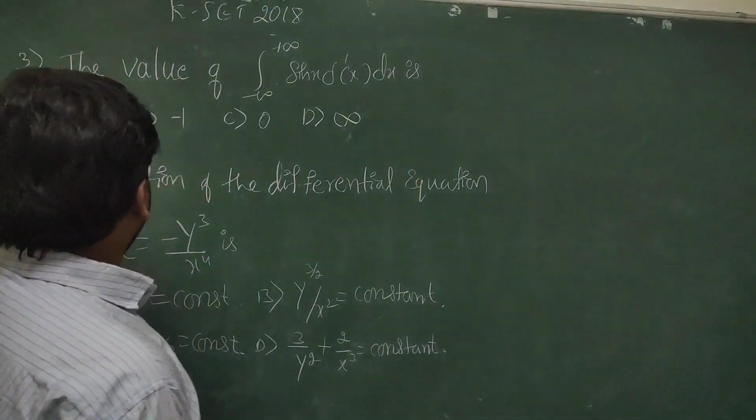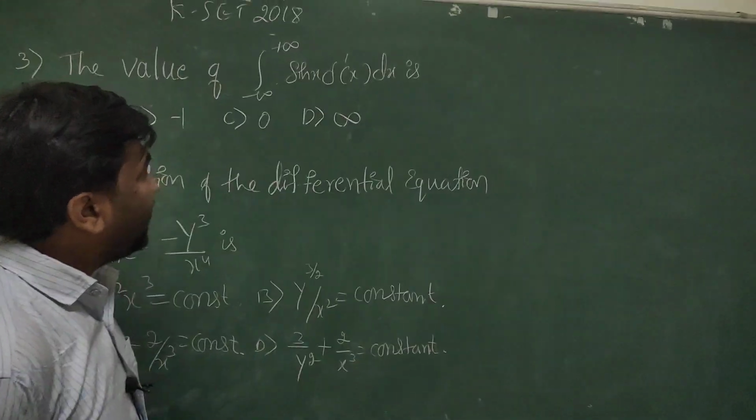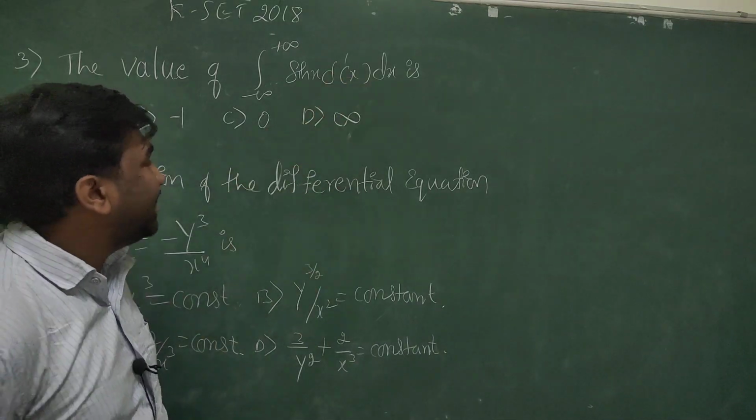So this is question number 3. The value of the integral from minus infinity to plus infinity of sin x times the delta prime of x dx is.